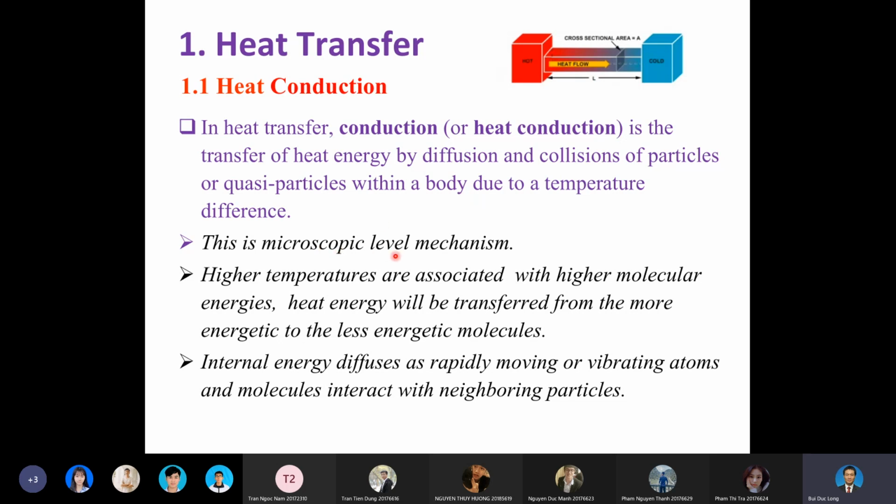You have microscopic and macroscopic. For the microscopic level, it means that we consider the object at the scale of atoms, molecules, and other particles such as electrons and protons.